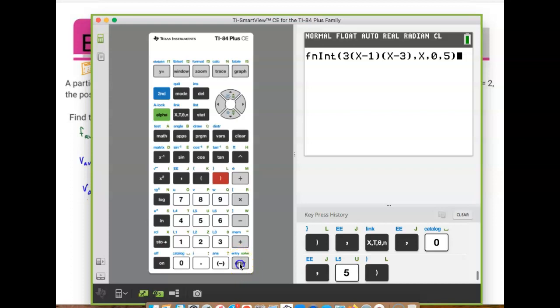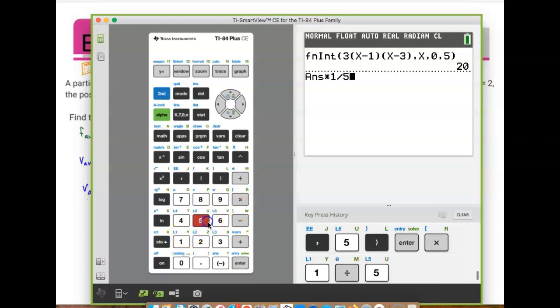And hit enter. And then remember, I need to multiply by the 1/5, so times a 5th. All right, so my average velocity is equal to 4.